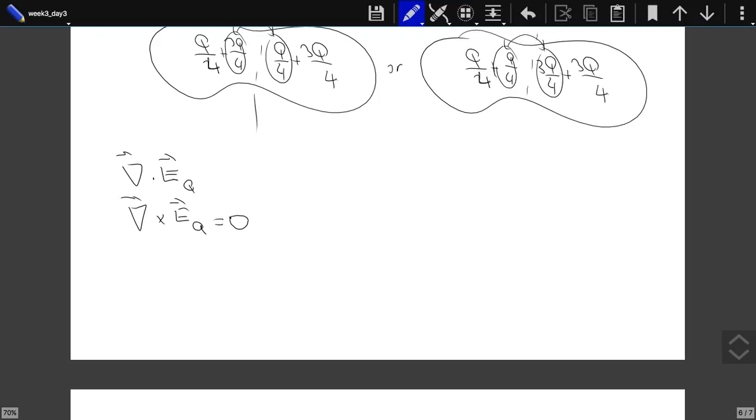Or instead of working with the electric field, let's work with the potential. V corresponding to charge Q satisfies the Laplace equation outside the conductors.